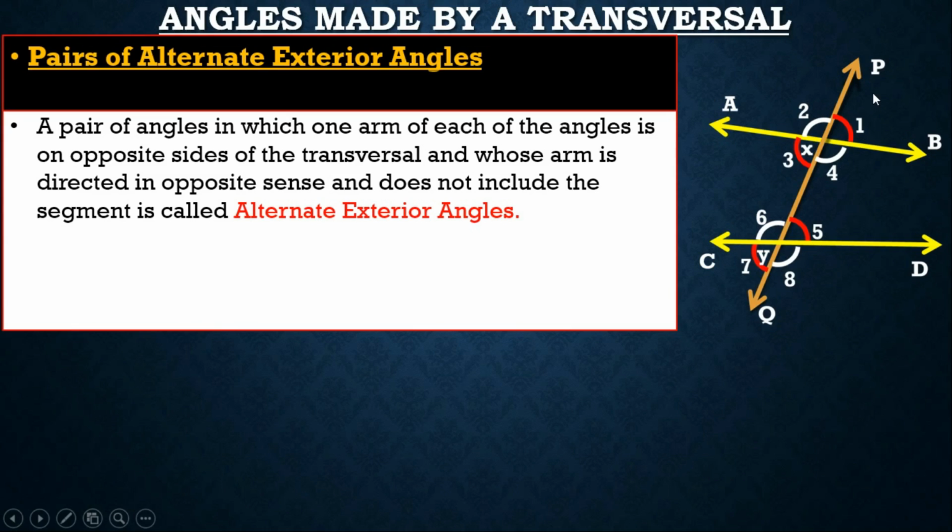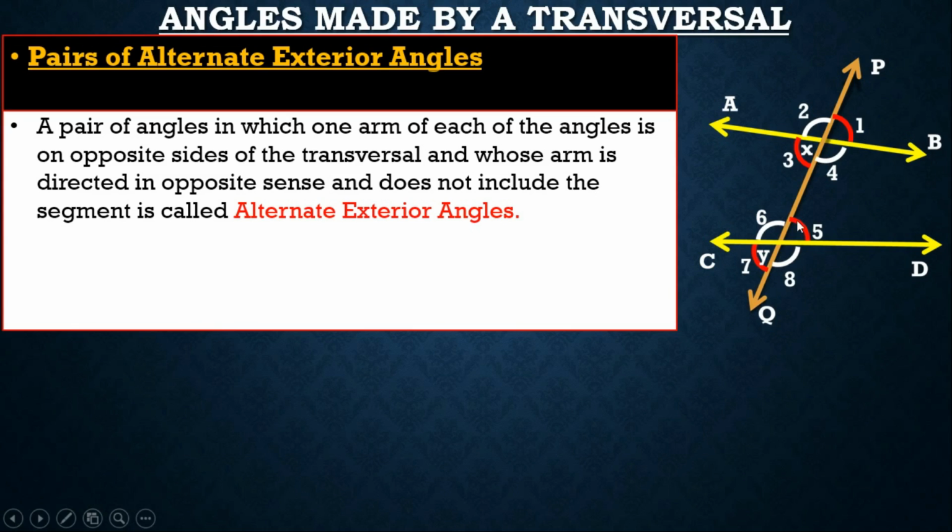In a similar way, angle 1, angle PXB, is alternate exterior angle to angle CYQ. Why? Because angle PXB and angle CYQ have one arm on the opposite side of the transversal.